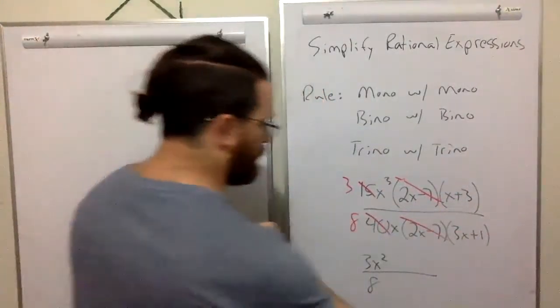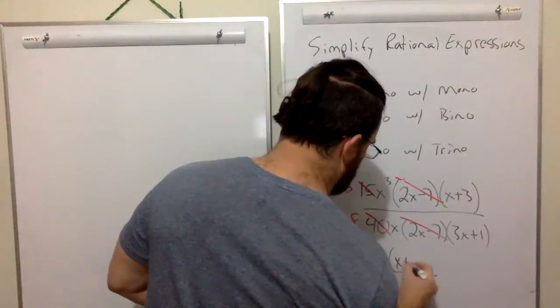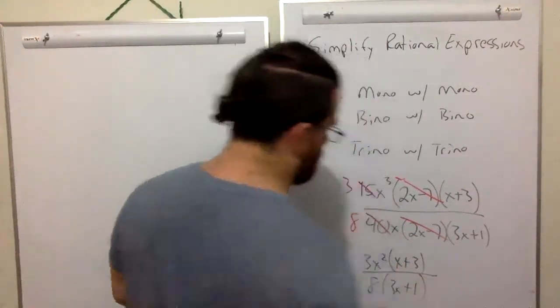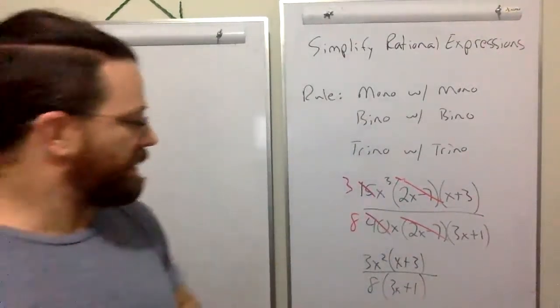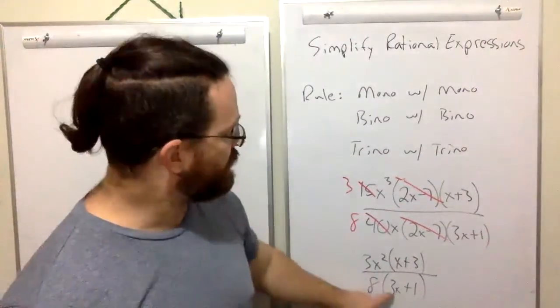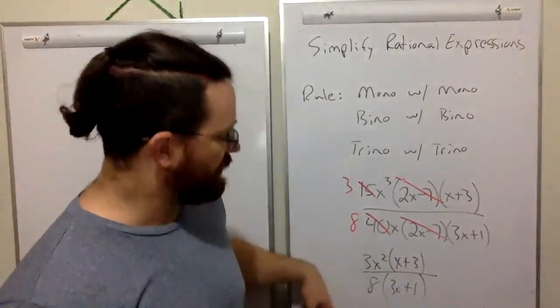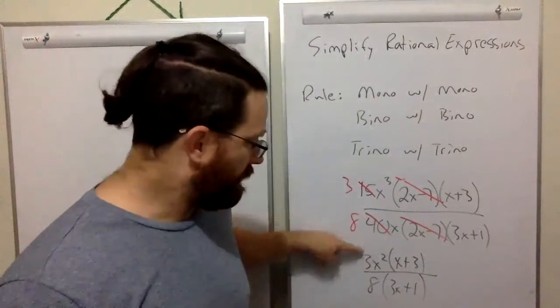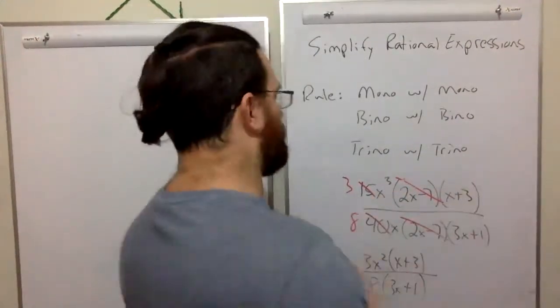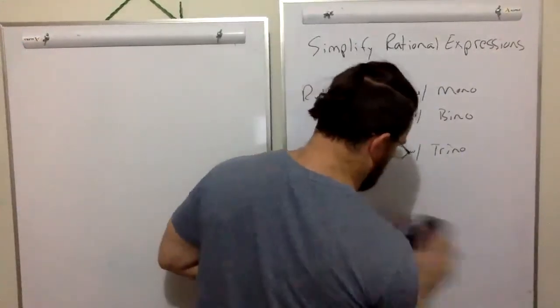So you're left with x plus 3 and 3x plus 1. And that would be your final answer. There's nothing else you can cancel. You can't cancel the 3x with the 3x because this is a monomial and this is inside of a binomial. All right, now let's add a little bit more to this.